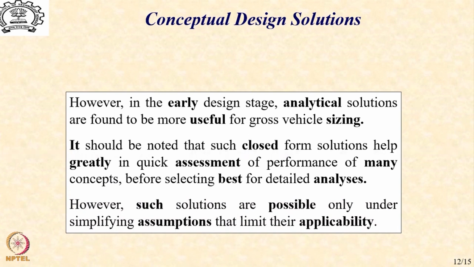Of course, you should realize that such things are going to be possible only under simplifying assumptions that limit their applicability. So, that's the flip side of simplified solutions. They provide quick assessment, but then there is a certain amount of approximation or constraint that we include for arriving at such solutions.